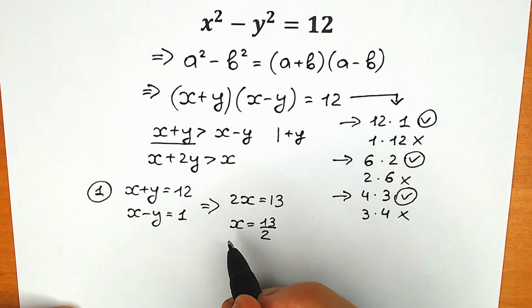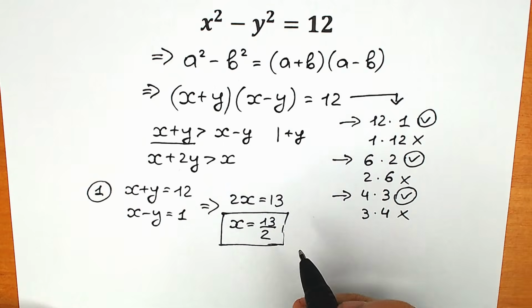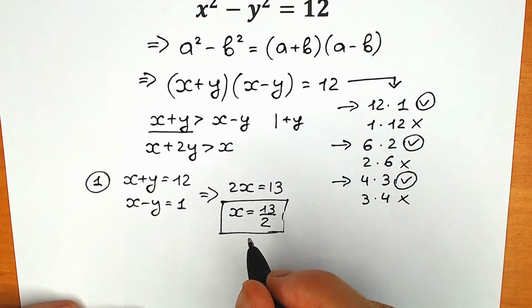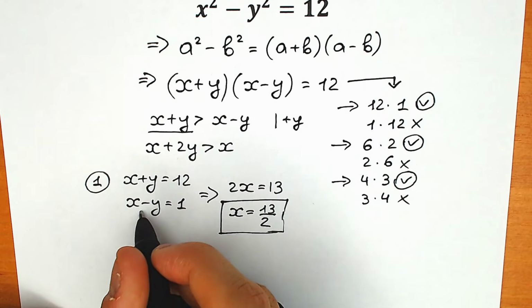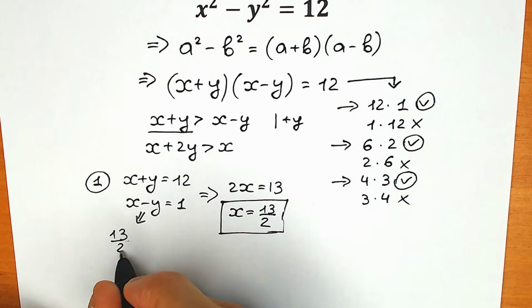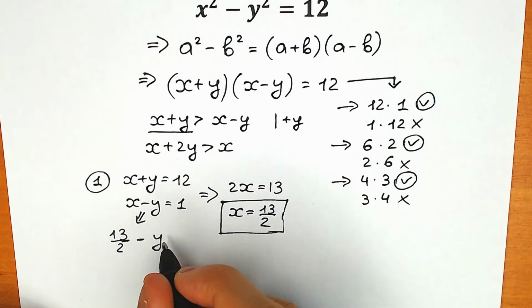and from here x equals 13 over 2. But we need to find our y. Let's plug this x, for example, into the second equation. From the second equation, we're going to have 13 over 2 minus y equal to 1.